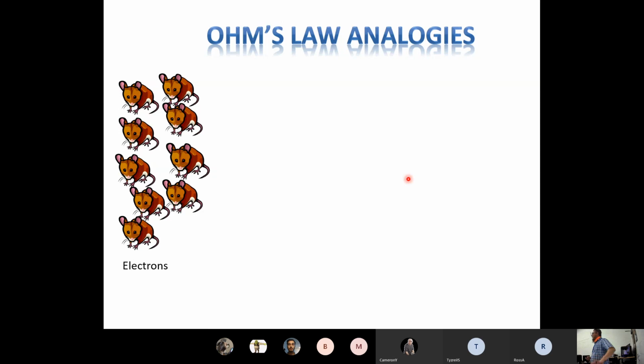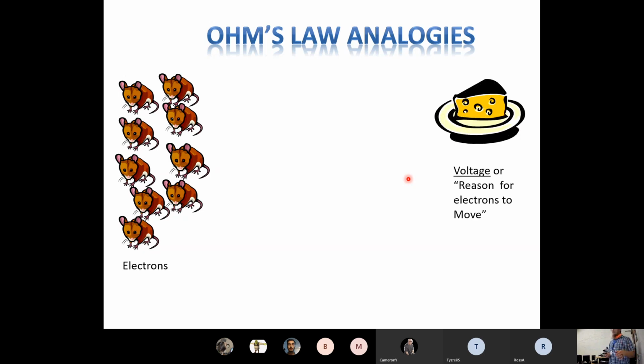Mice are going to represent our electrons. This isn't something you need to write down in your notebook. It's just something so that you understand. Like I told you before, we want you to understand the concepts, not write everything down. I want you to understand how this works. So electrons are mice. Voltage is the reason those mice want to move.